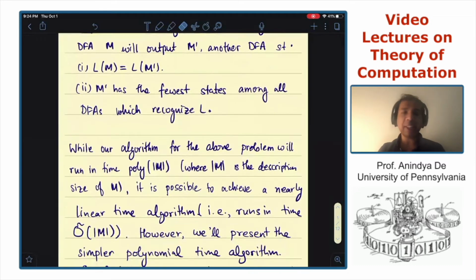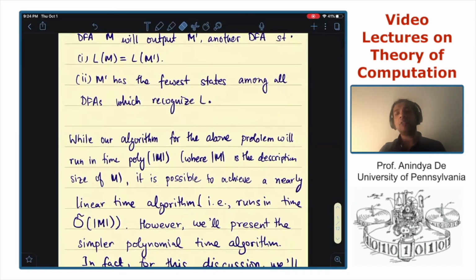And as we'll see, our algorithm for this problem will run in time polynomial in the description size of M. So M is presented to you as a DFA, so you can think of it as presented to you as a graph. And the running time of our algorithm would basically scale polynomially in the number of states and the alphabet, which is also a proxy for the description size of the DFA.